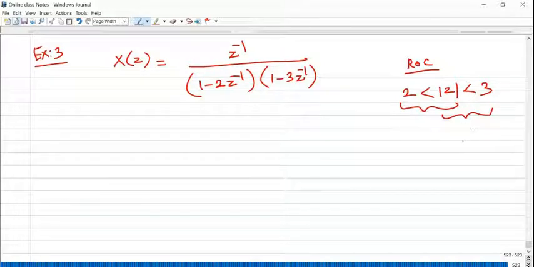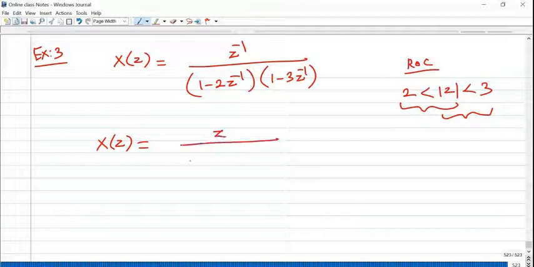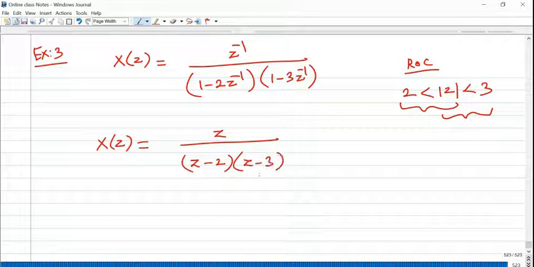While writing the result, you have to write it properly. Multiply z square on both numerator and denominator, and you will get z divided by (z minus 2)(z minus 3). Two poles are there, both simple poles.